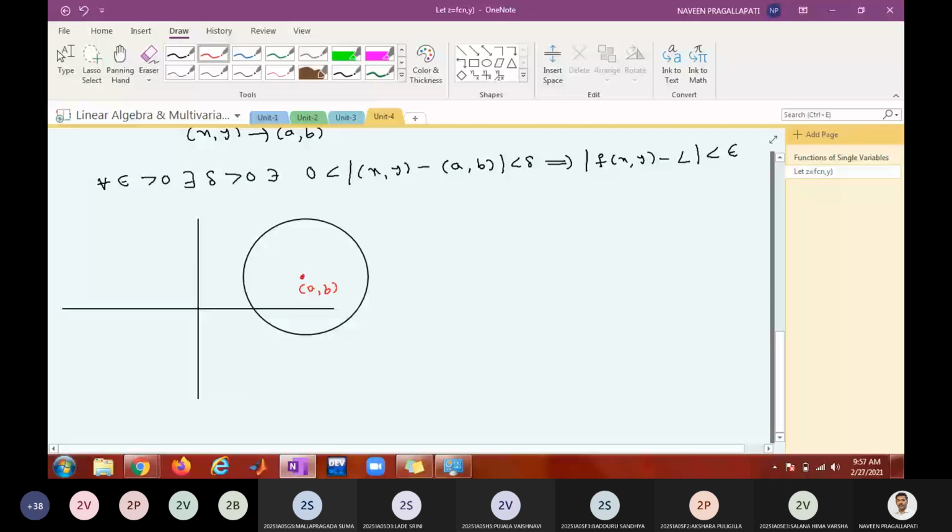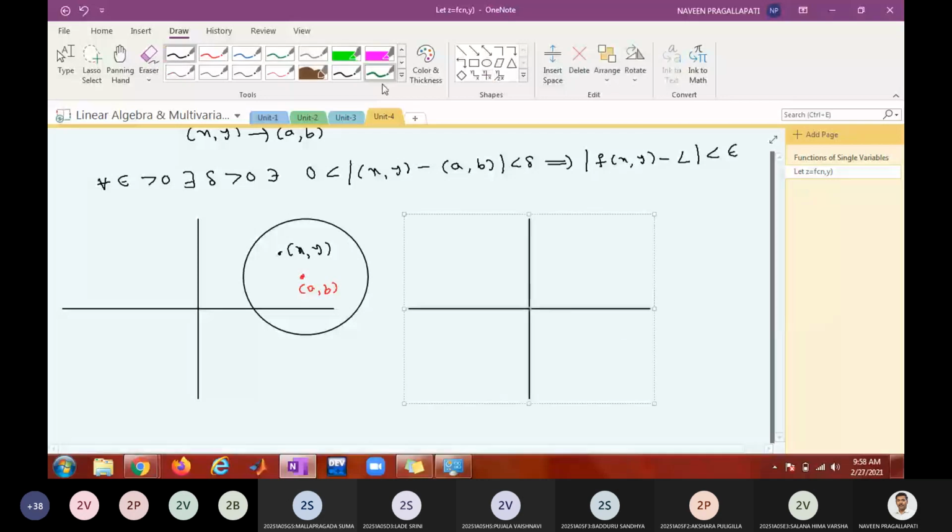The center is removed. The remaining part is a deleted neighborhood of (a, b). Now you take a point (x, y). Whenever you take a point (x, y), its image should fall in the epsilon neighborhood of L.